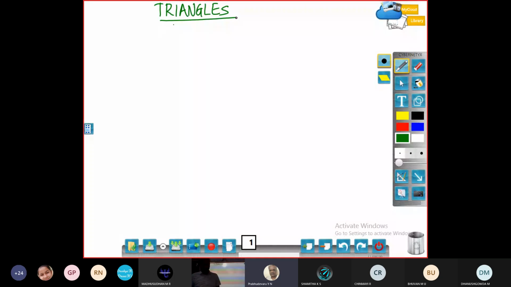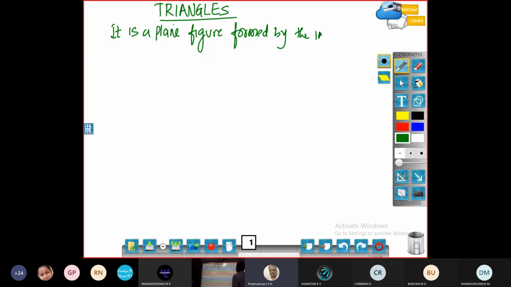A triangle is a plane figure formed by the intersection of three line segments. It's a plane figure formed by the intersection of three lines. Intersection of three lines.